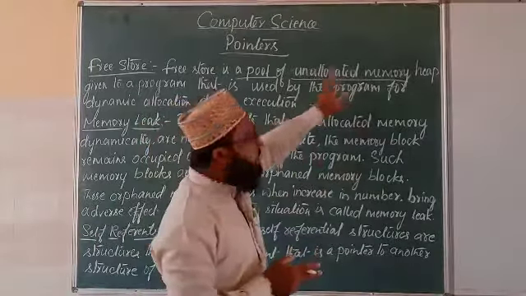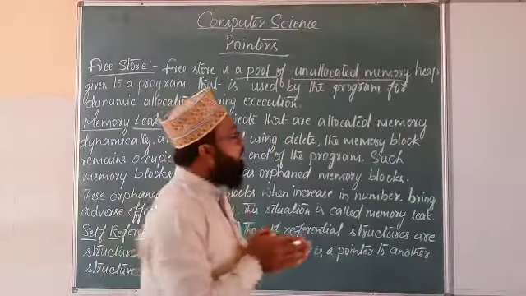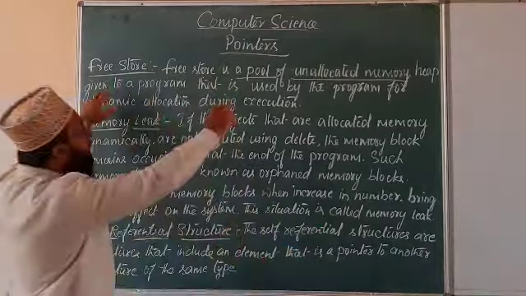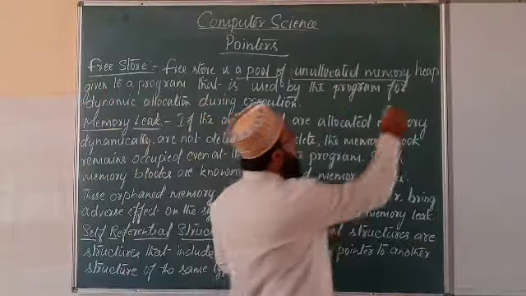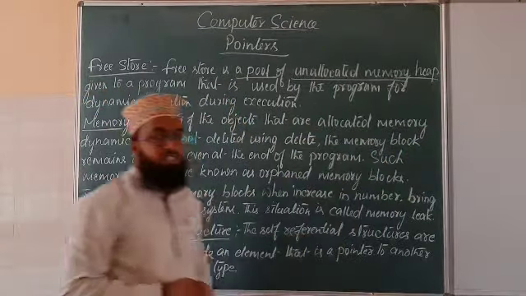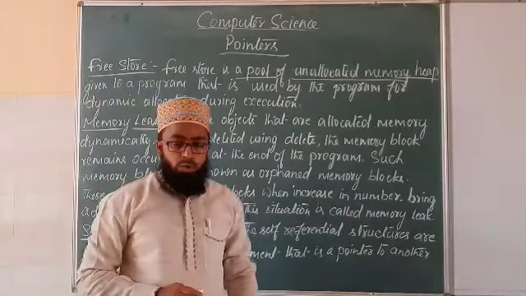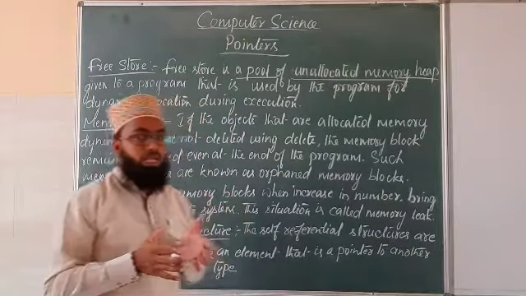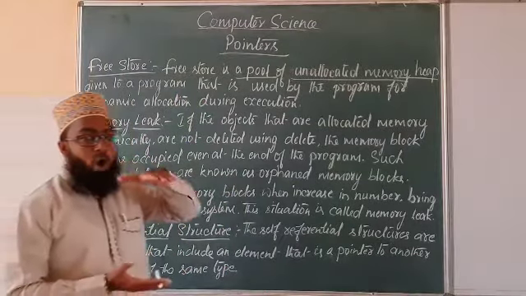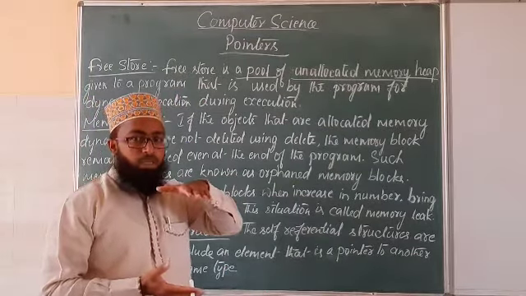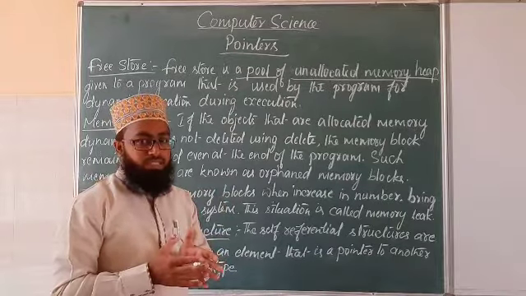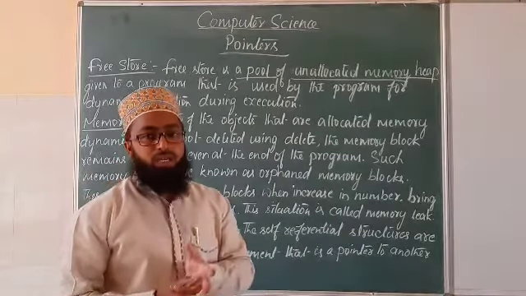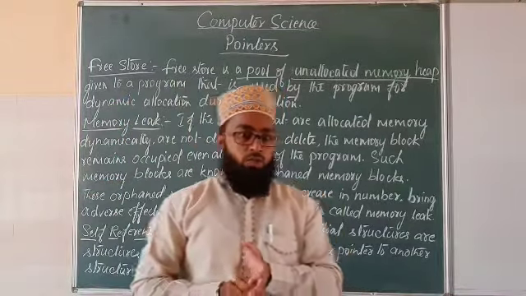Unallocated memory means free memory that is not used. That is called the unallocated memory heap. A block of memory is contained in a pool, and that pool we can call the free store.